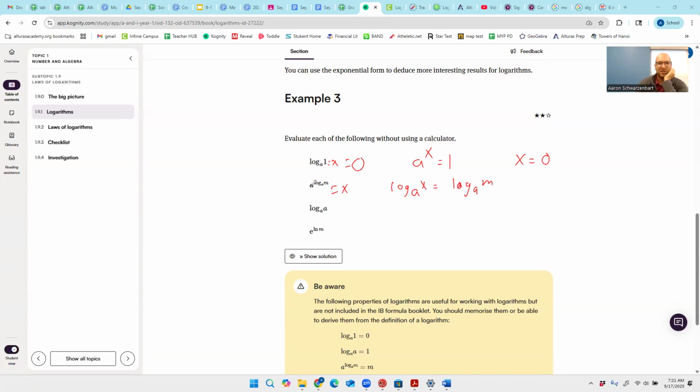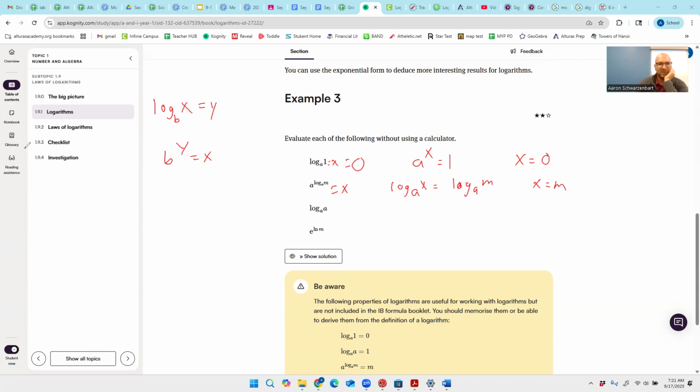Remember, log base b of x equals y is b to the y equals x. So my exponent goes to the opposite side. Clearly, we can see x here equals m.